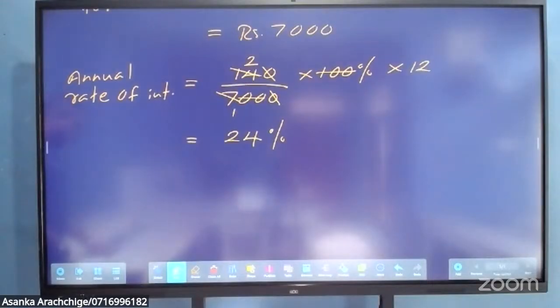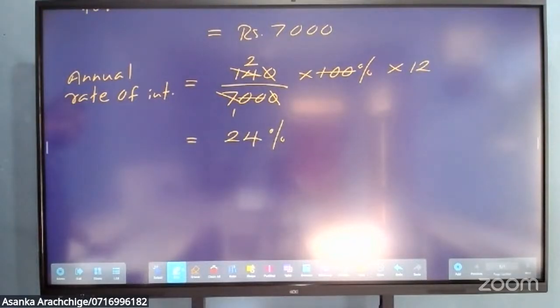So you have to show that the annual interest rate charged in the hire purchase method is more than the annual interest rate charged by the finance company.